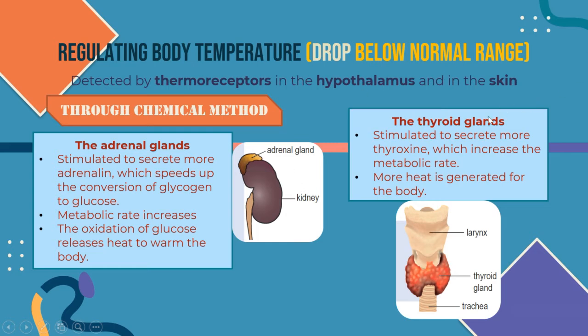And also the thyroid gland is stimulated to secrete more thyroxine, which also increases the metabolic rate. So more heat is generated for the body. This is the chemical method that increases the body temperature back to the normal range.